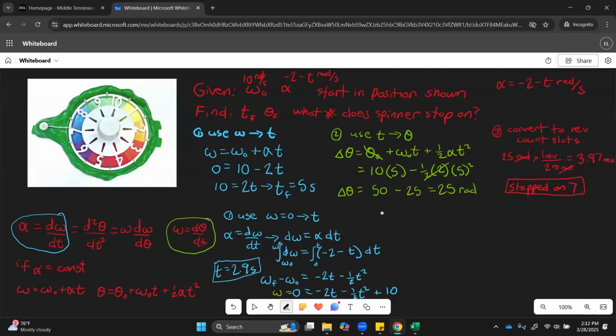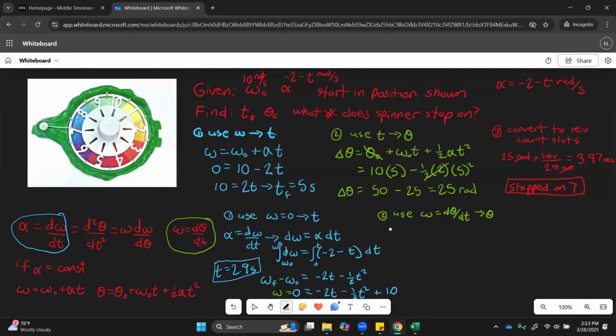So step 2: use omega equals d theta dt, solve for theta.